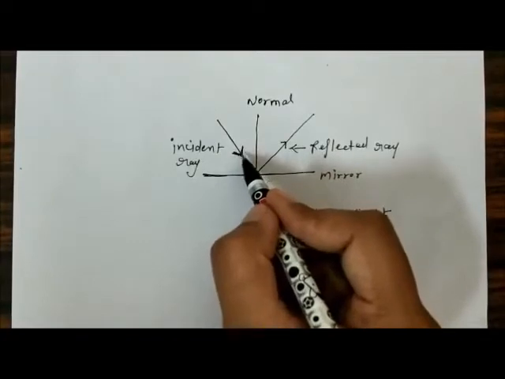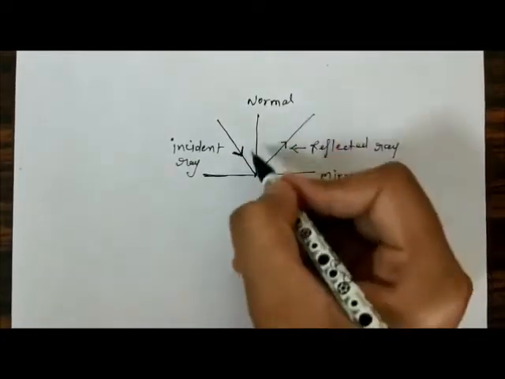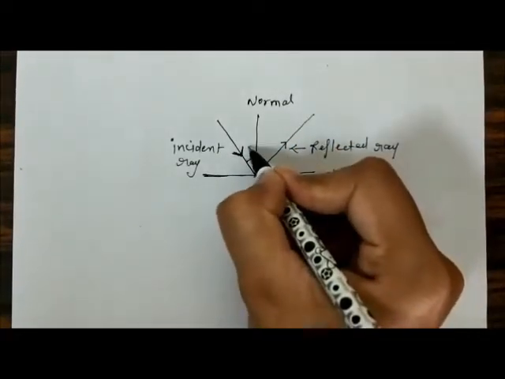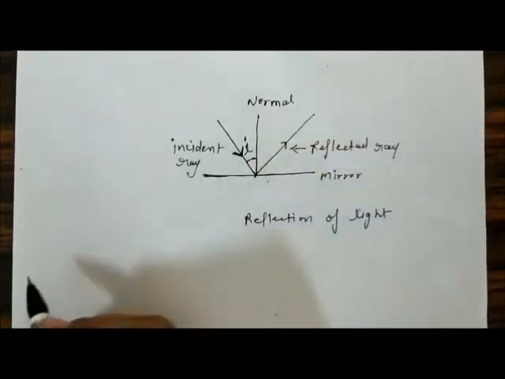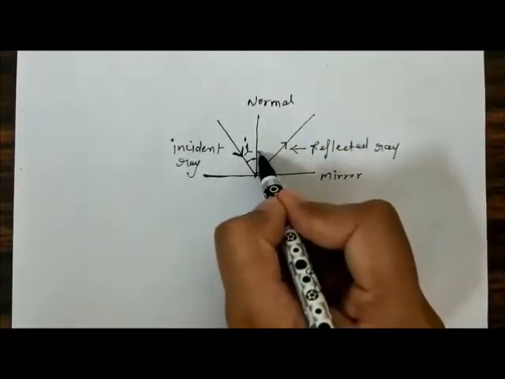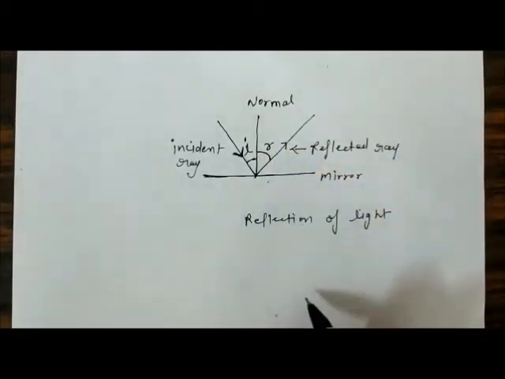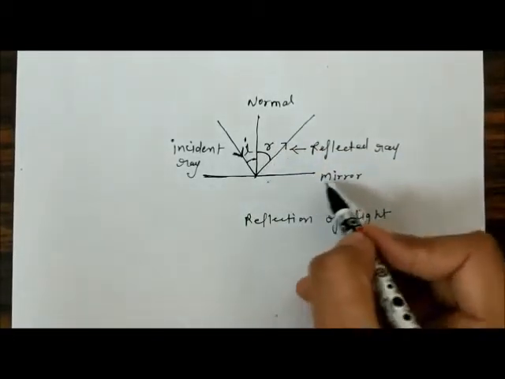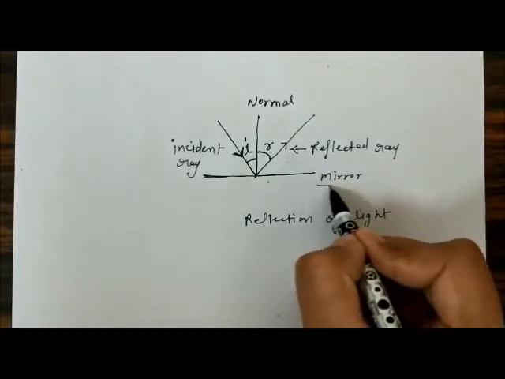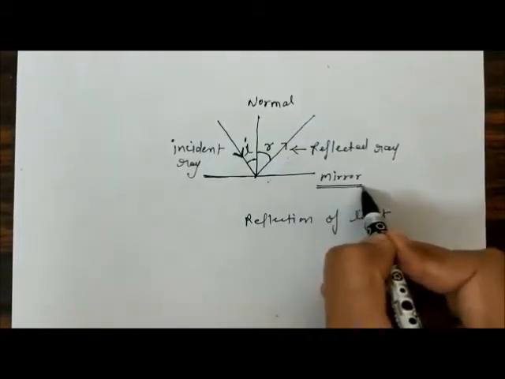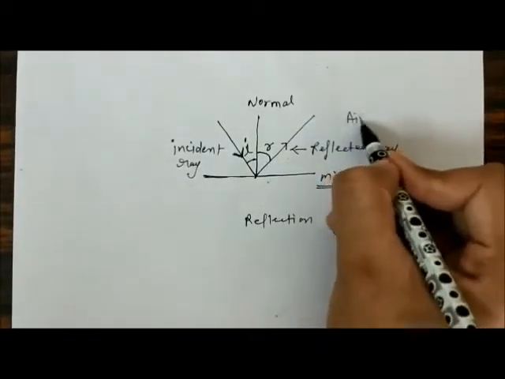The angle between the incident ray and the normal is known as incident angle, and the angle between the normal and the reflected ray is known as reflected angle. Here there are two media: one is glass medium, that is mirror, and another is air medium.